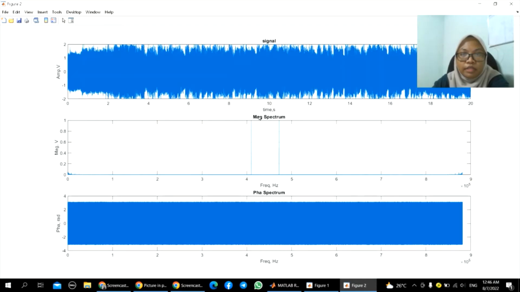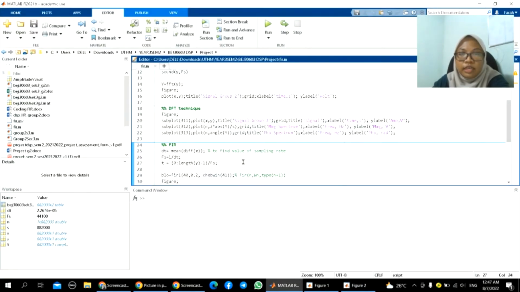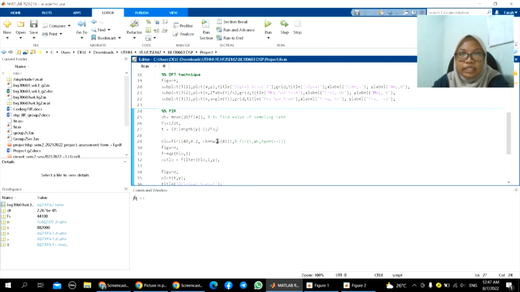For the magnitude spectrum, the magnitude is 410000 and the y is 1. Last is after filter, FIR.